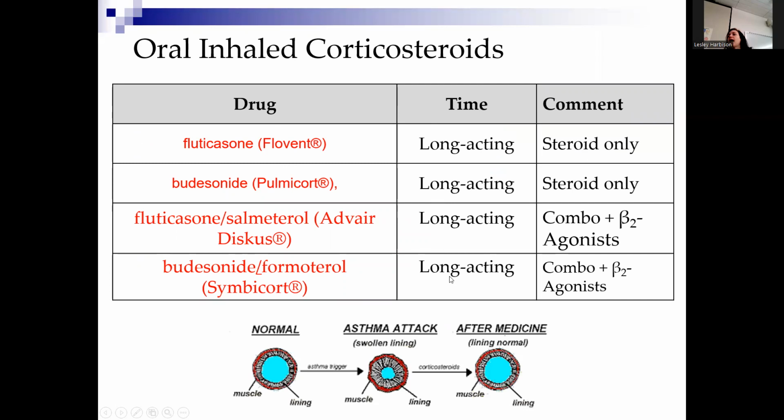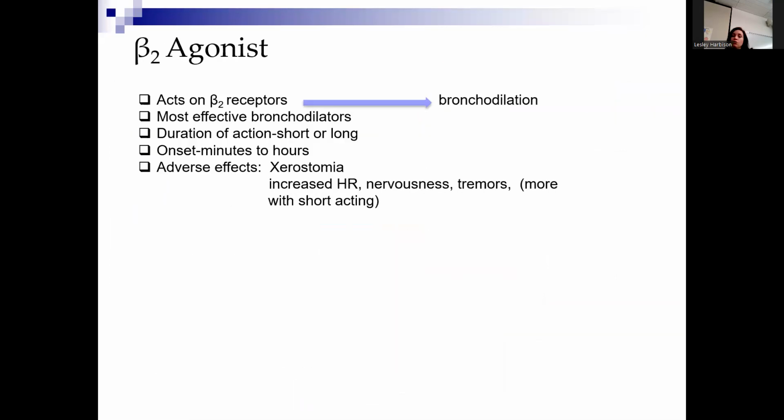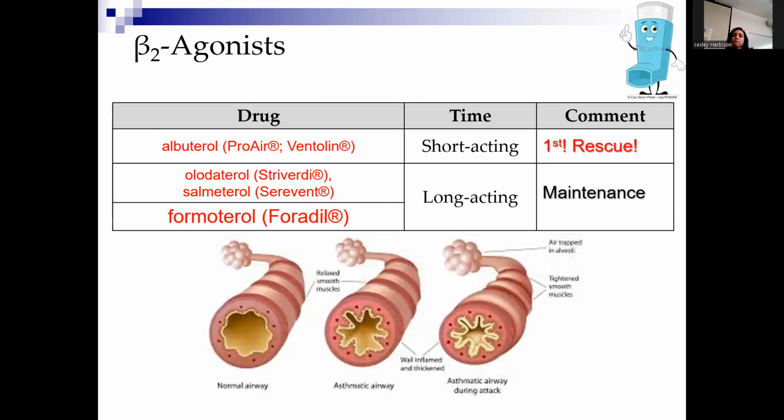But if it's long acting and it's a combination between the steroid and the beta 2, that's what Advair is and Symbicort. They're combos. I suppose someone might put someone on Pulmicort and then on one of our plain beta 2s, but that's something a doctor would decide.